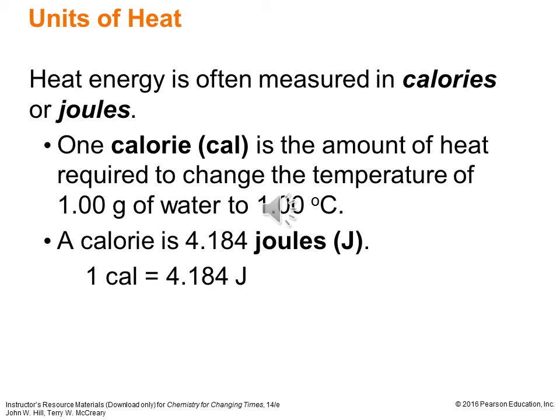So for our units of heat, heat energy is often measured in calories here in the US or joules everywhere else. 1 calorie is the amount of heat required to change the temperature of 1 gram of water by 1 degree Celsius.